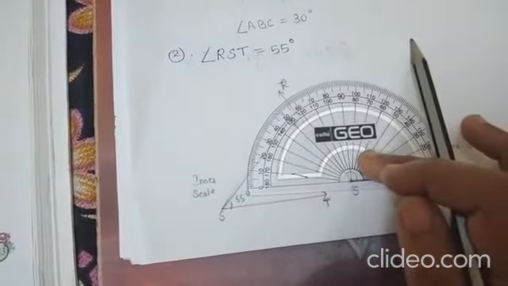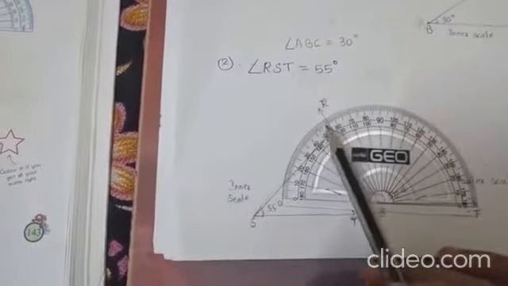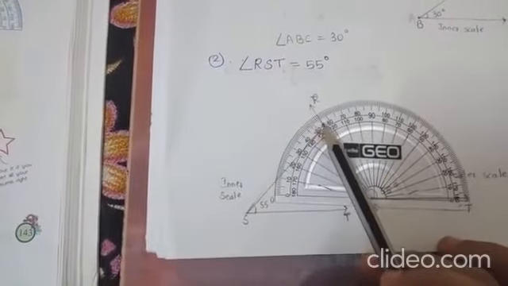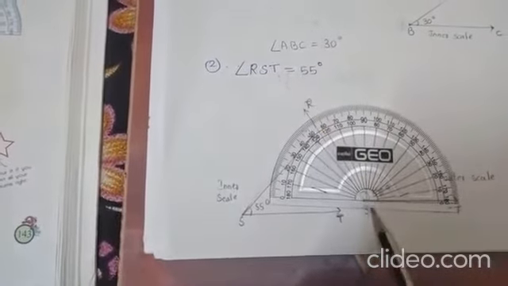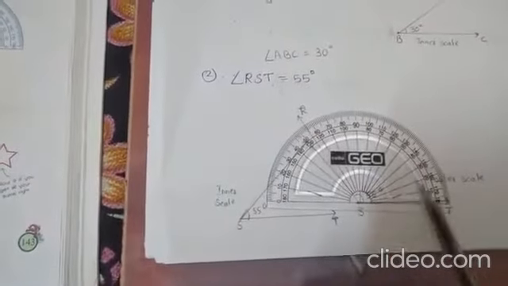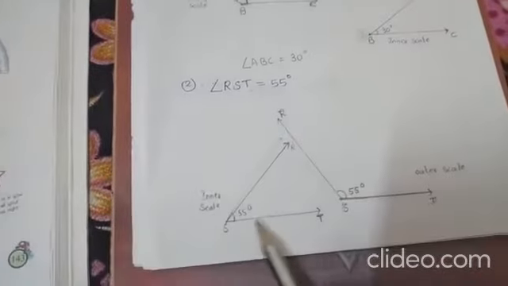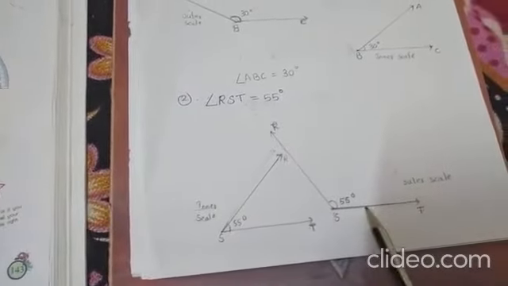This is the middle point. Okay, yes, in the center. And here see 50 from the outer measurement, 50. Then the long line, that is 5. So 55 degree. Now when we write, angle RST 55 degree. So this will come in this shape. Inner scale 55 degree, outer scale 55 degree. Got it, students? This is the way we have to measure it.